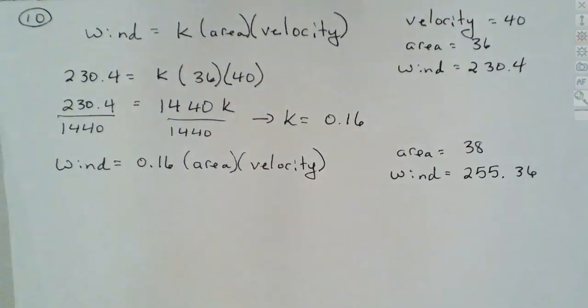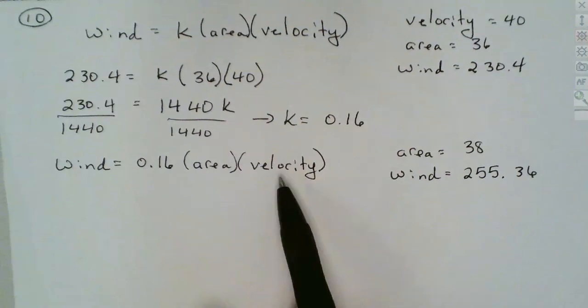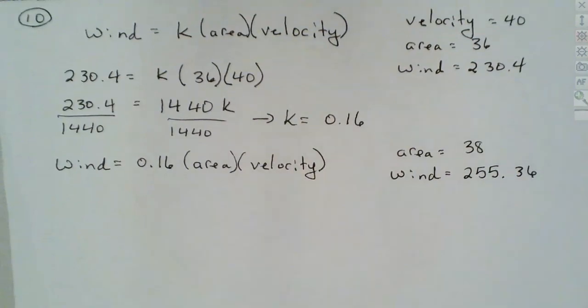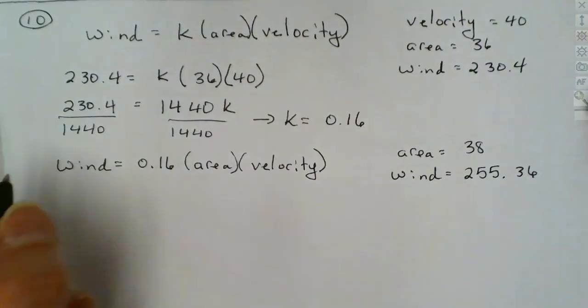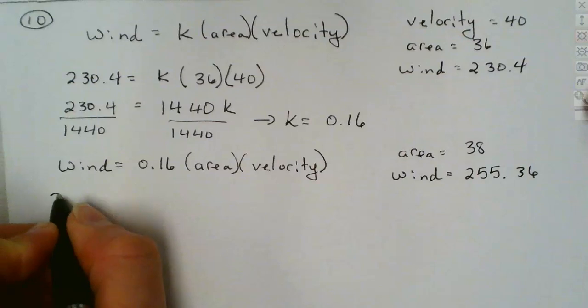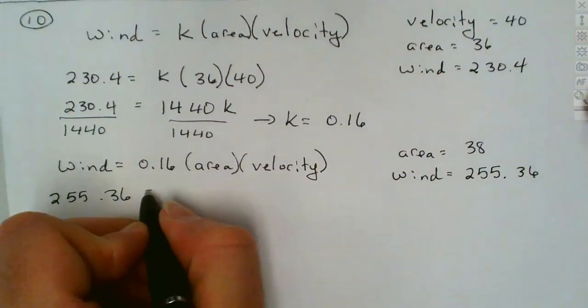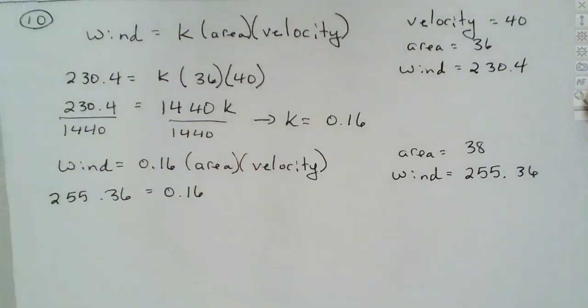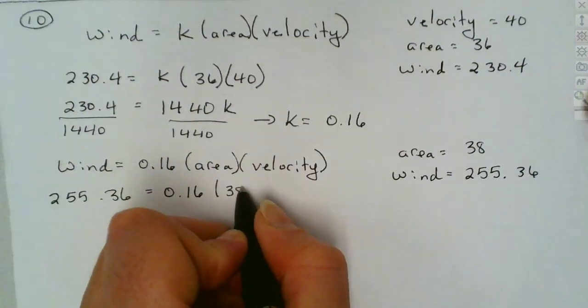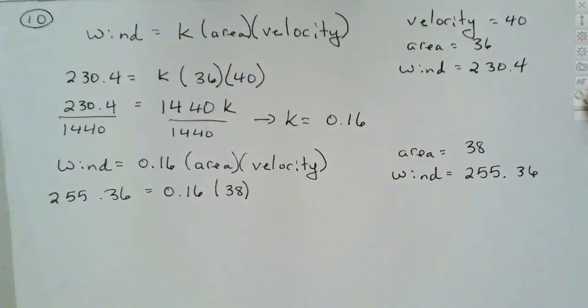Now, normally we would just plug them in and multiply or divide, but we are going to have to rewrite this one and solve it because we want to find that velocity, right? We need to find the velocity of that car. So we'll go ahead and plug our values in. So that is 255.36. That's our wind resistance. We've got 0.16. We're going to multiply that by a surface area of 38.